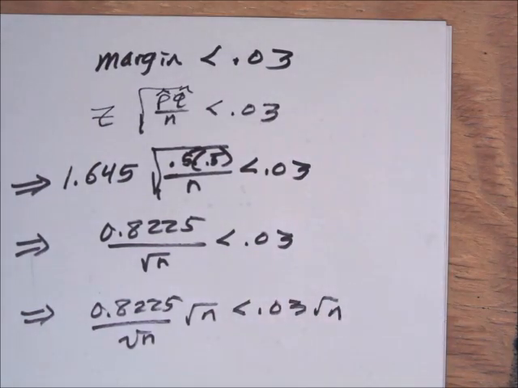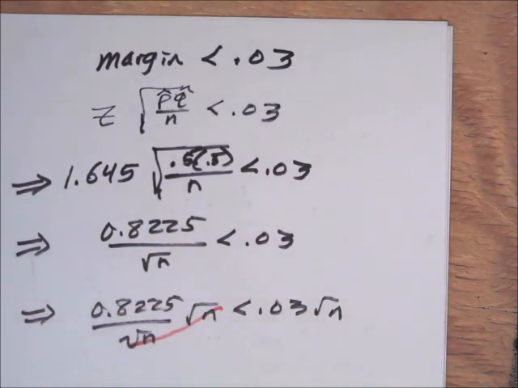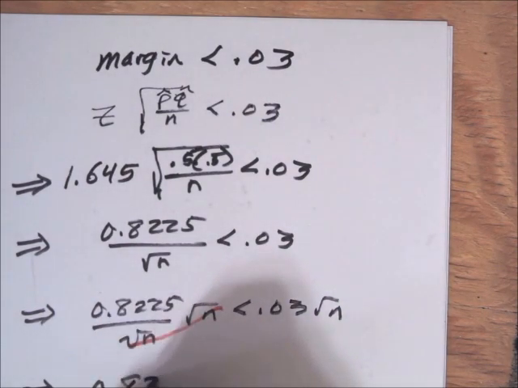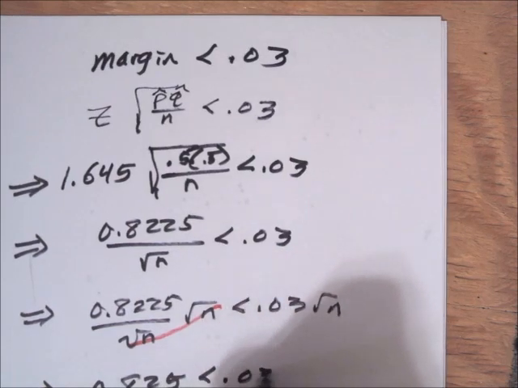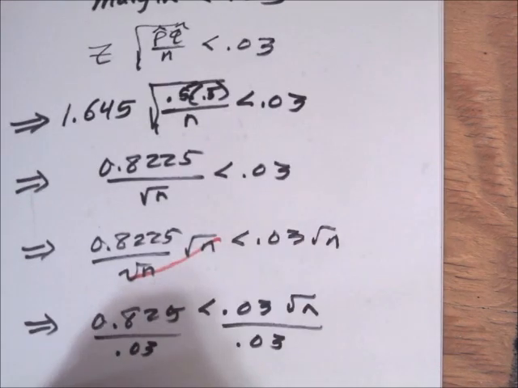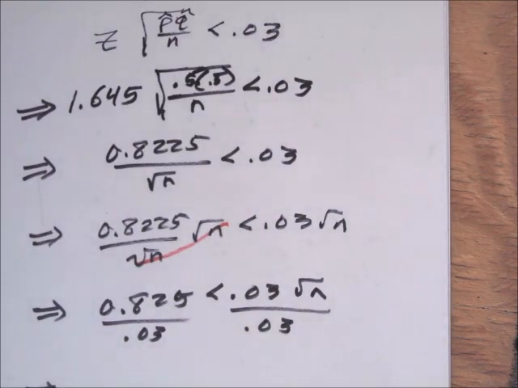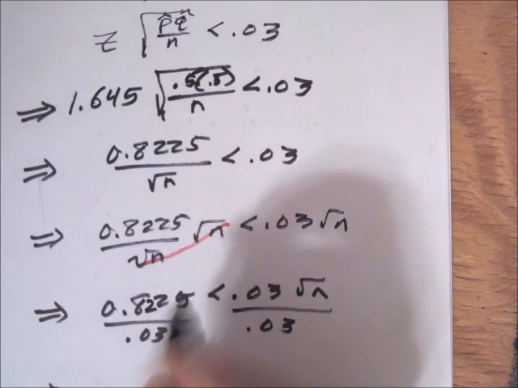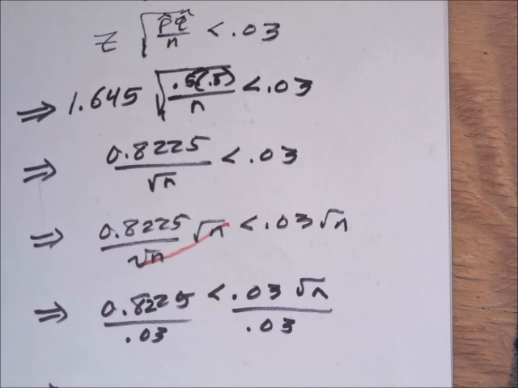On the left side, the square roots of n will cancel, and that will leave us with 0.8225 less than 0.03 square root of n. Divide both sides by 0.03.